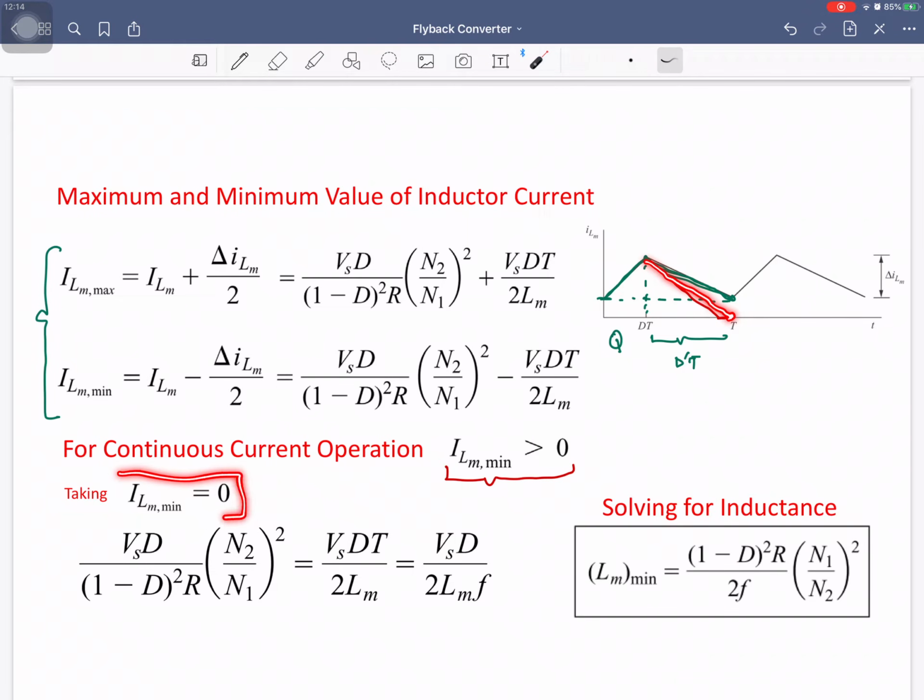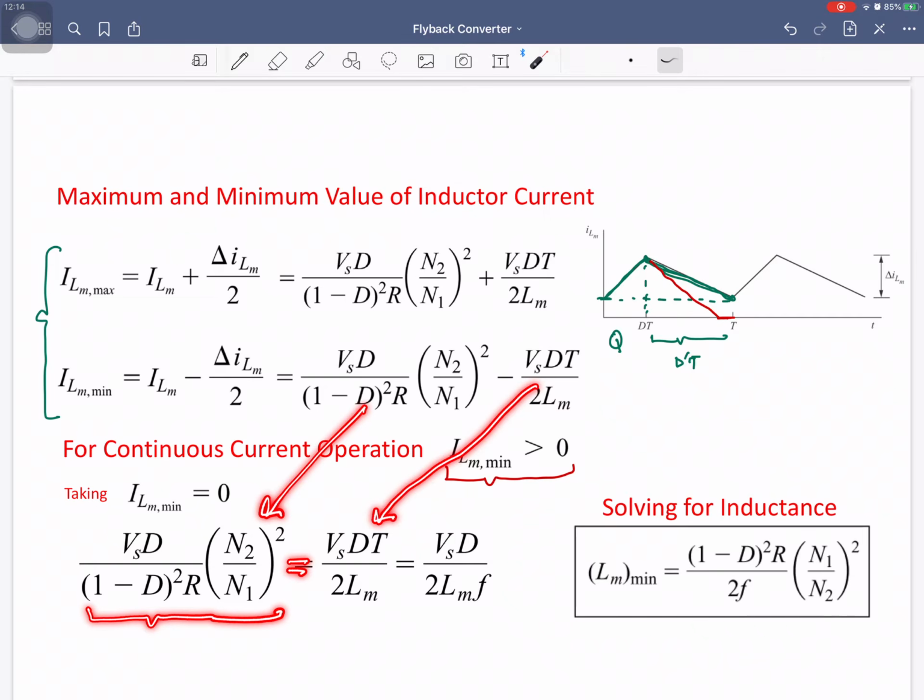So considering that IL minimum is 0 in this equation, this part should be equal to 0. It means this part should be equal to this part. So equating these two, VSD, this term from here should be equal to this term.